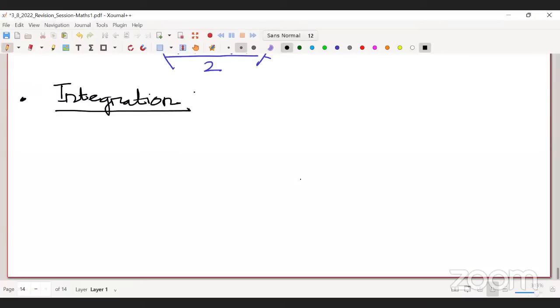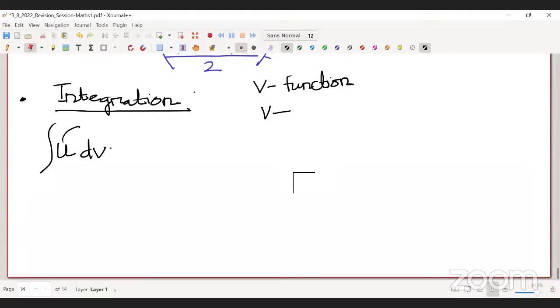What is the idea behind this integration? You have a function like this, u into dv, right? So u is a function and v is a function. What is the integration of this one?